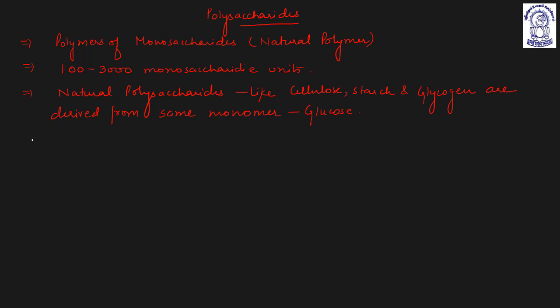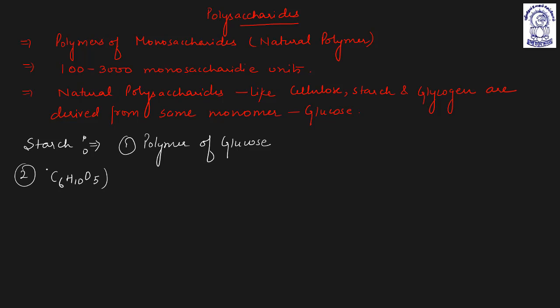So we are going to discuss starch. It is a polymer of glucose with the molecular formula (C6H10O5)n, where the value of n lies between 200 to 1000.